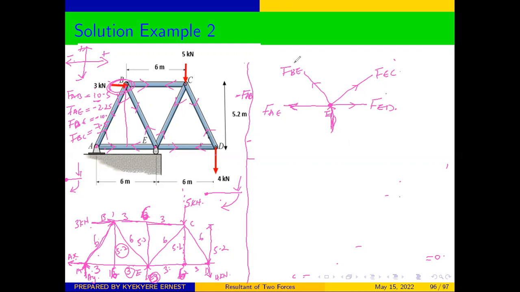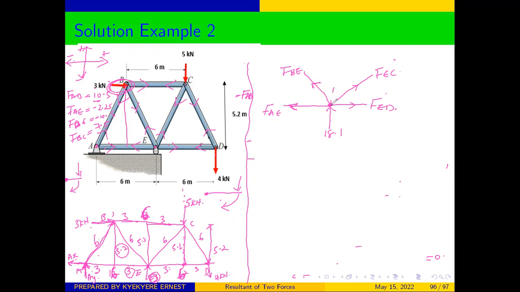Sorry for that. Let me clean and do it well so that we can all follow. We have one force pointing upwards like this. This is 18.1. And we need to resolve all the ones which are not in the X or in the Y. Therefore, we are going to resolve FBE.